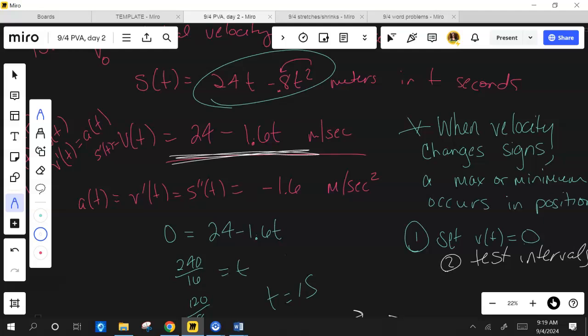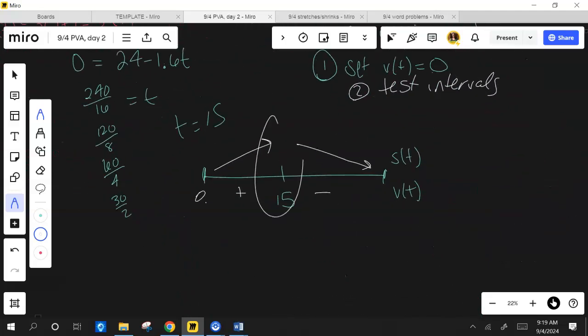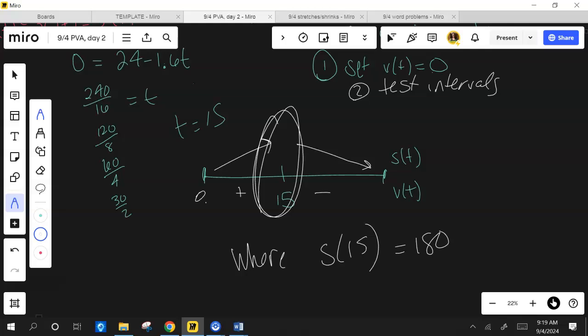If I want to know where, then I would plug 15 into the position. That's the original equation. You should get 180. It's 180. This one's meters.